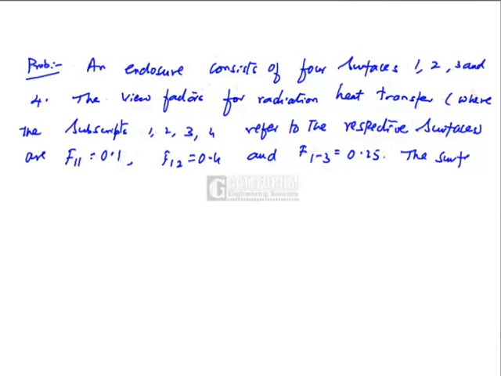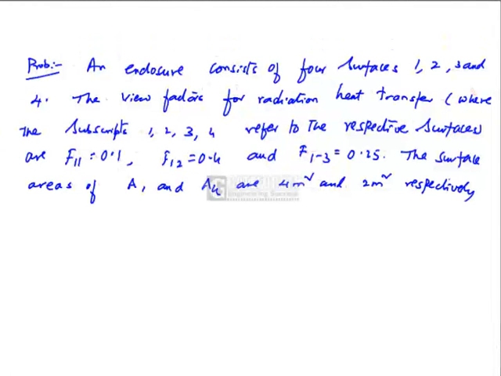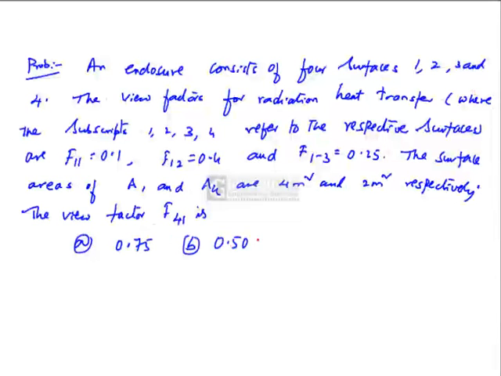The surface areas of A1 and A4 are 4 meter square and 2 meter square respectively. The view factor F41 is A 0.75, B 0.50, C 0.25, D 0.10.